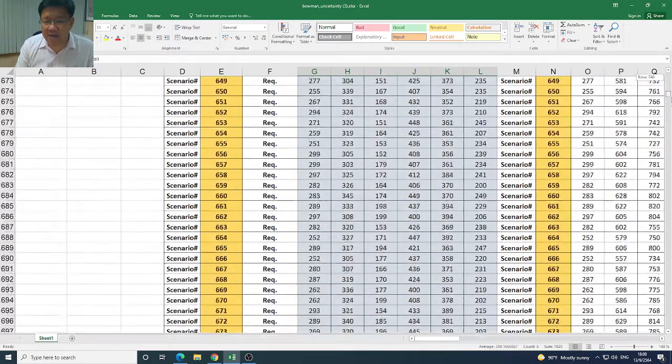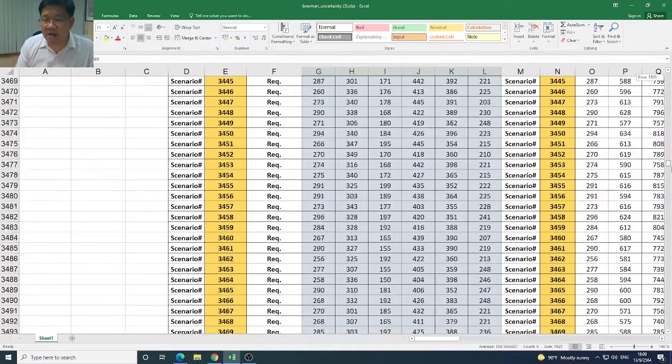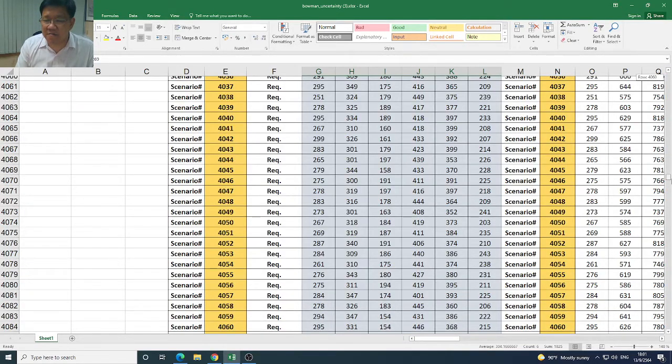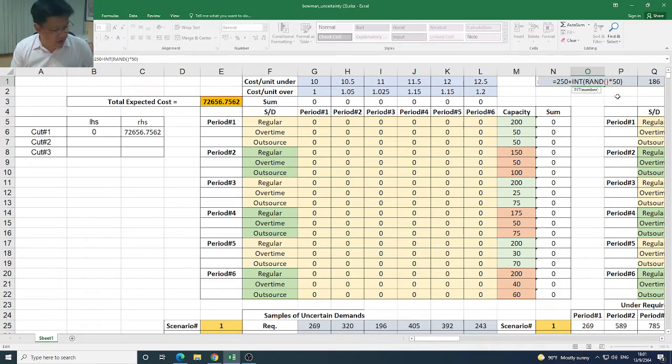Actually there's a lot, it can be an infinite number. No, it's not infinite, sorry, because normally the range is only 50, right? So there are 50 possible integers for each one, and there are 6 periods.